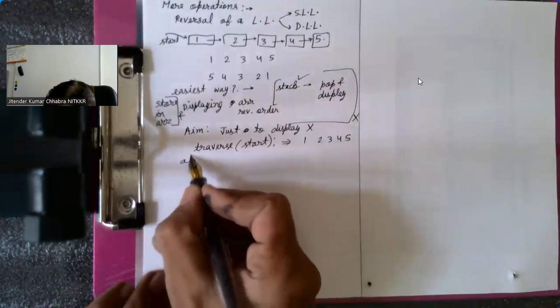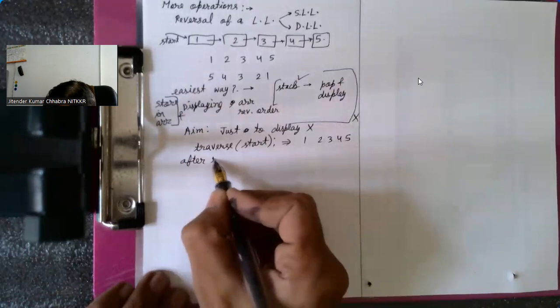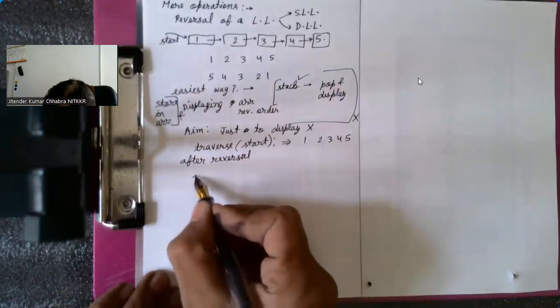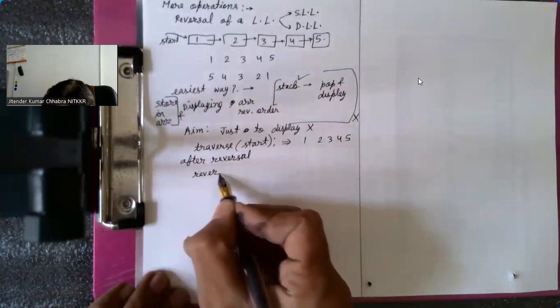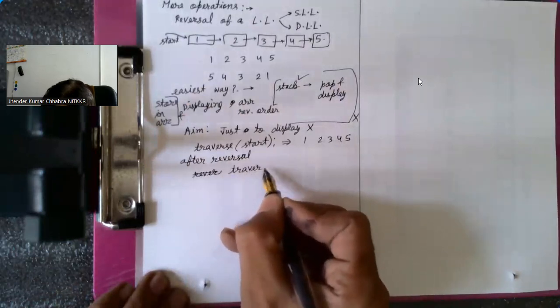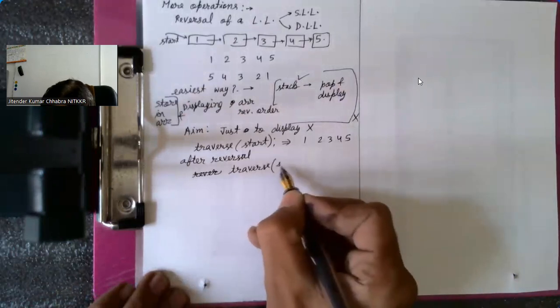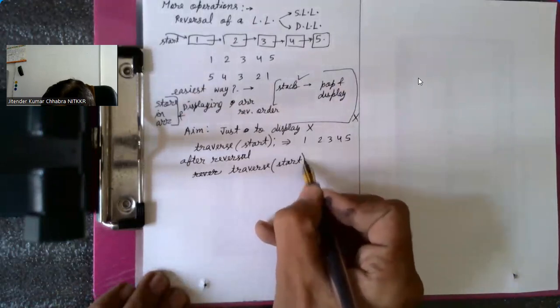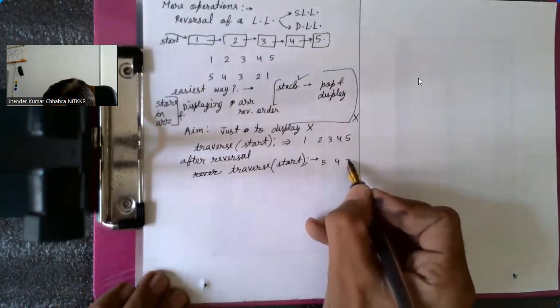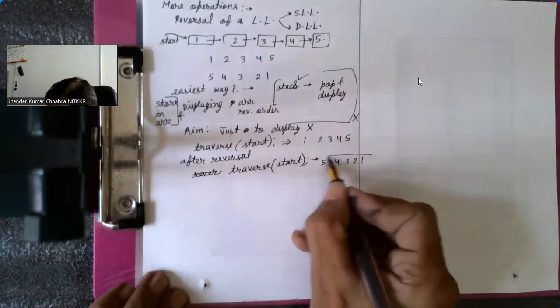After reversal, the same traverse function called should display the reversed output. So if I call traverse with the same start again, that should display 5, 4, 3, 2, 1.